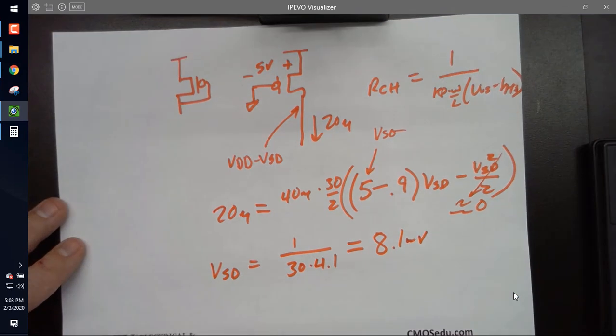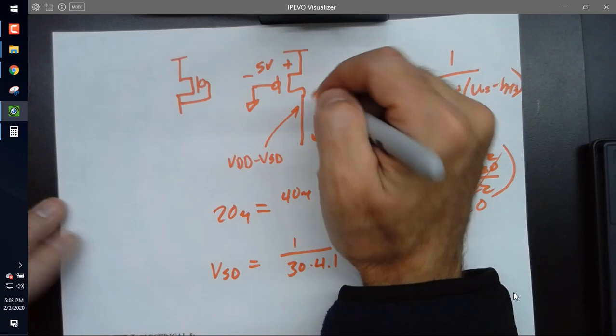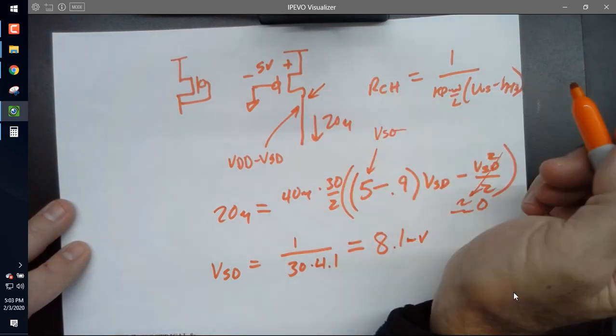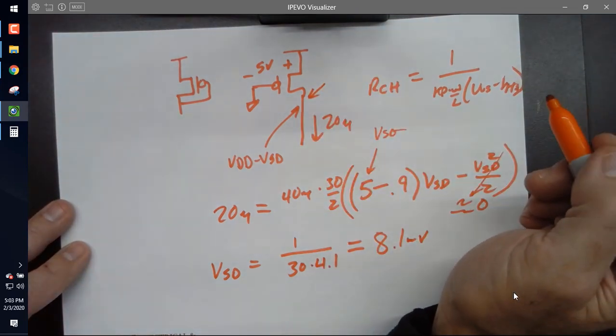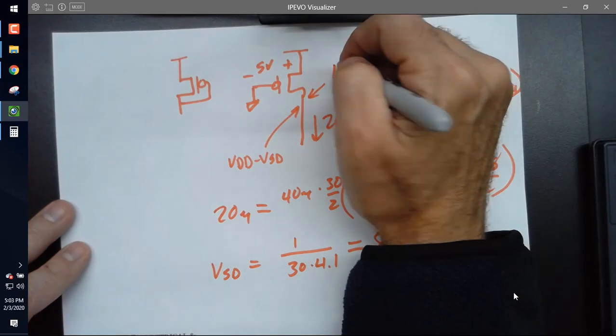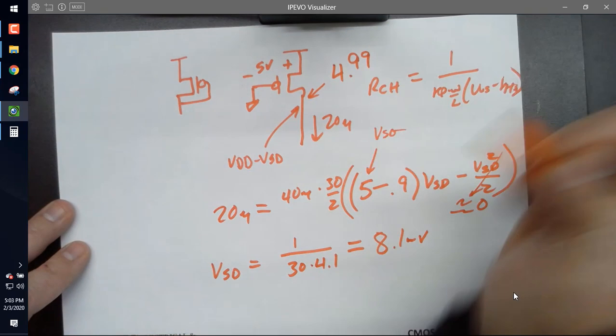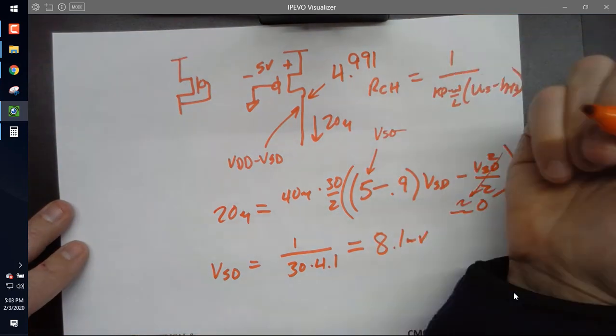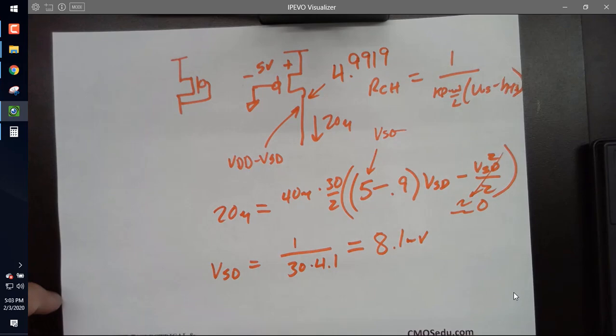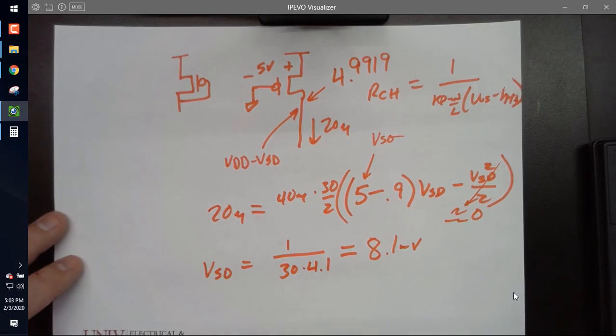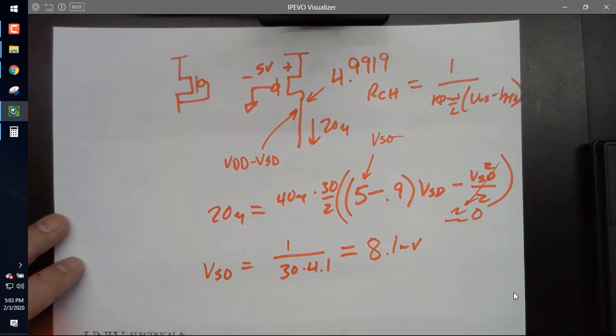So what is this voltage then? 4.9919, if I did the math right. Make sense? So to calculate the DC voltage, all I did was plug in an equation.